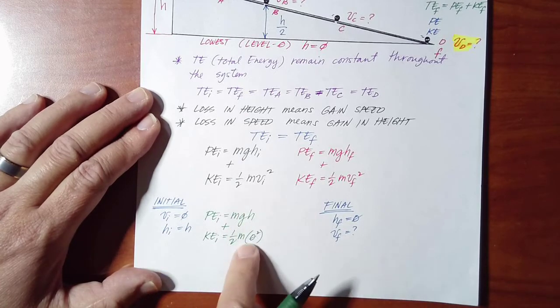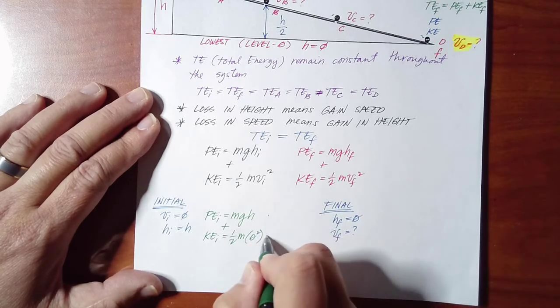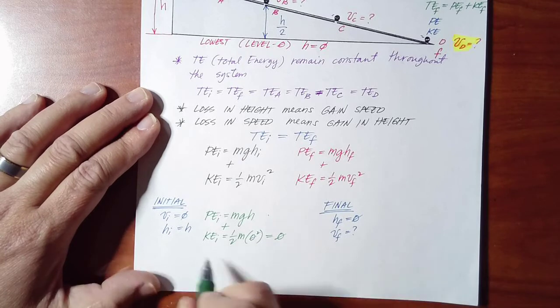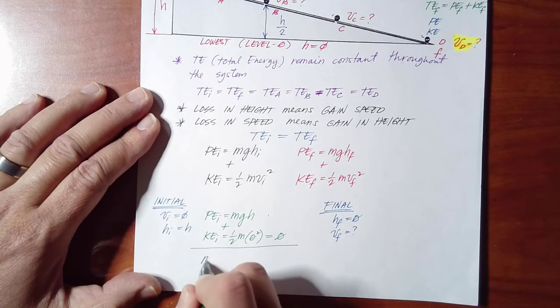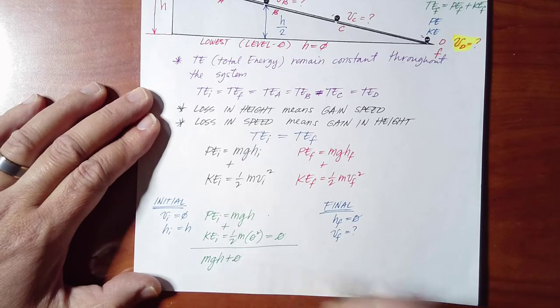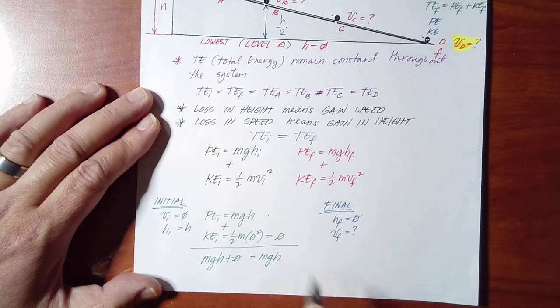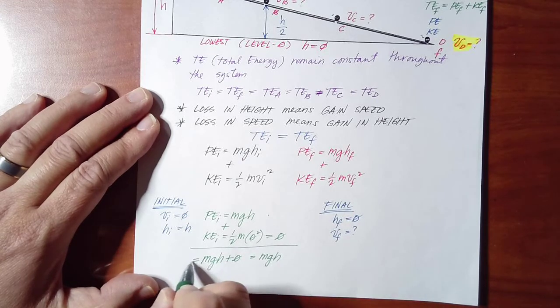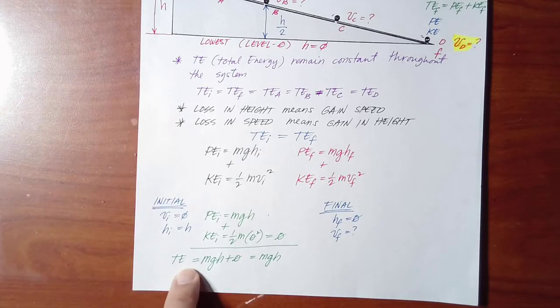So this value is simply equivalent to 0. So all we have to do is add these two values together. So we have mgh plus 0 is simply equivalent to mgh. So this is our total energy initial.